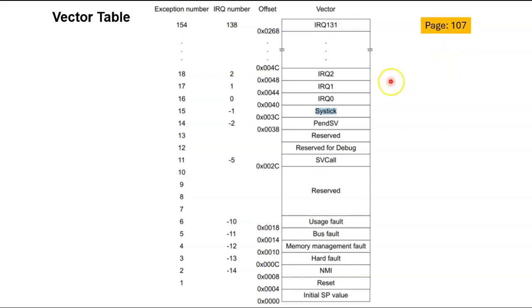Notice the SysTick exception number, or interrupt number, is 15, or an IRQ number of -1. Now the minus denotes it is an internal interrupt or system exception.